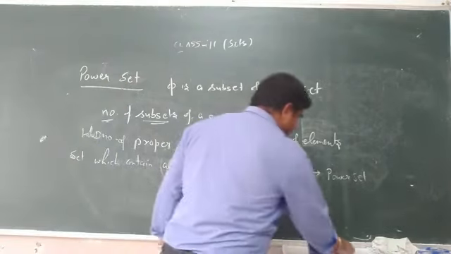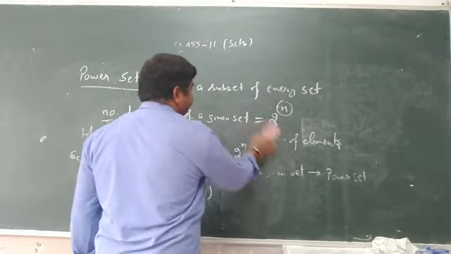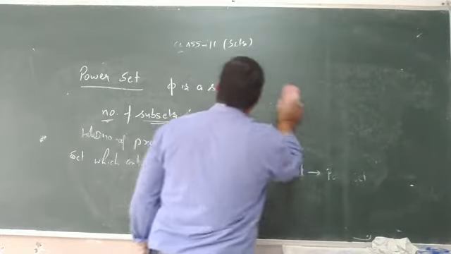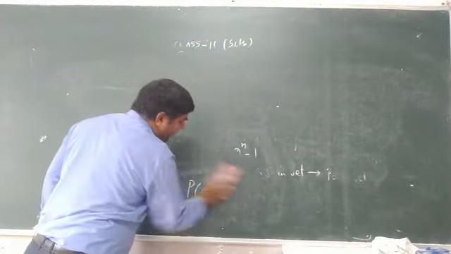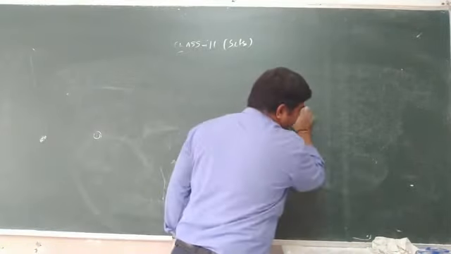Now next we have the universal set. A universal set is a set which contains all the sets under consideration.